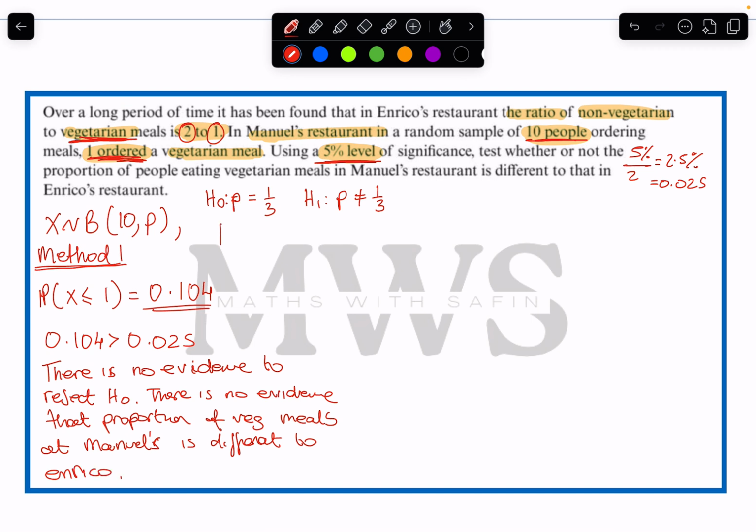And that is it, guys. This is using method 1, which is the simplest way to do it and to prove it.